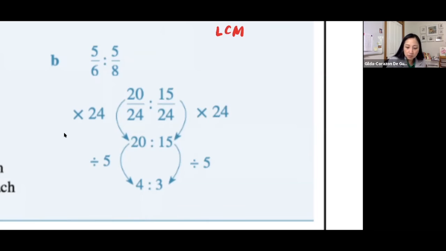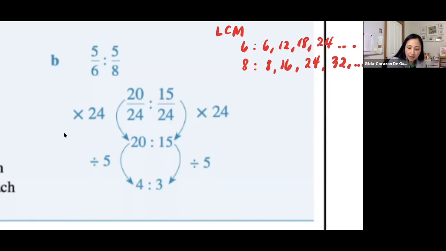So the multiples of 6 would be 6, 12, 18, 24, etc. With 8, your multiples are 8, 16, then 24, plus 8 would be 32, etc.